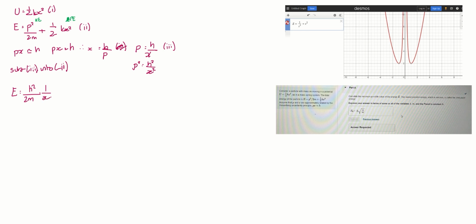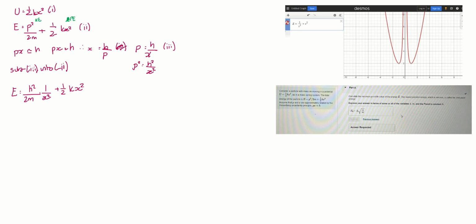So we've rewritten the kinetic energy part in terms of x, and we still have the original half kx squared. Now we have an equation which just has x in it. There's no p in there, so that's quite good.